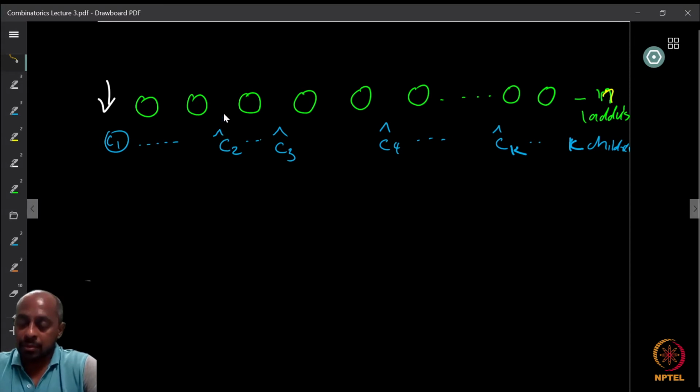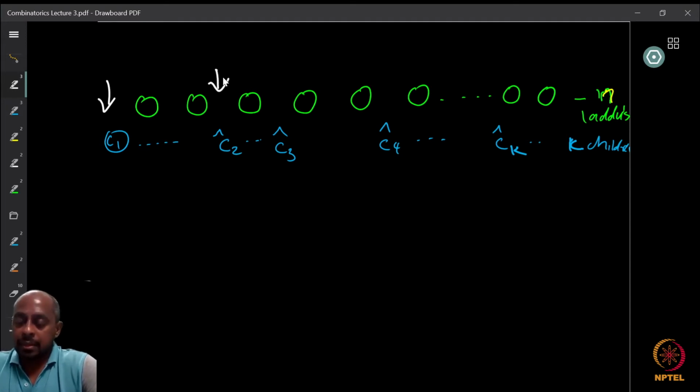So child 2 starts at the position after the first guy is asked to leave. Again, he will take some laddus, and then the person who controls the queue says, you leave, next guy. This way, each child will be allowed to go and take something.